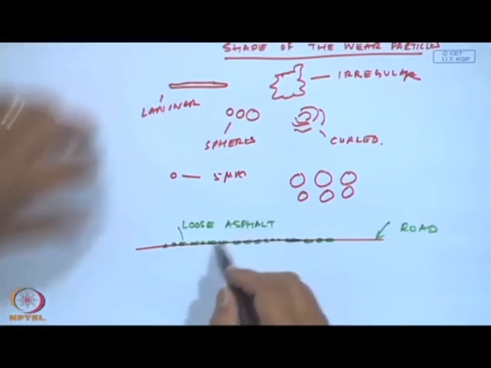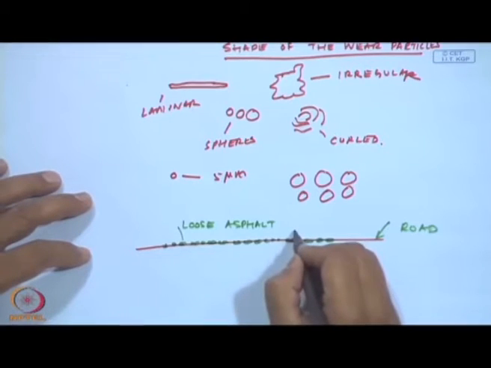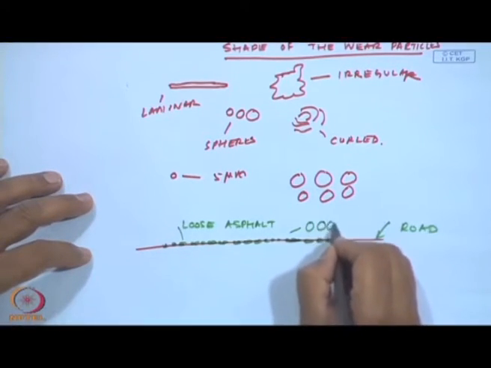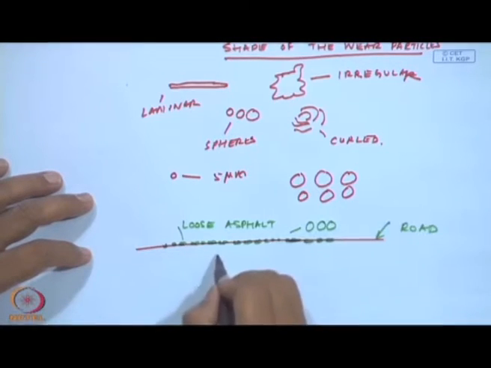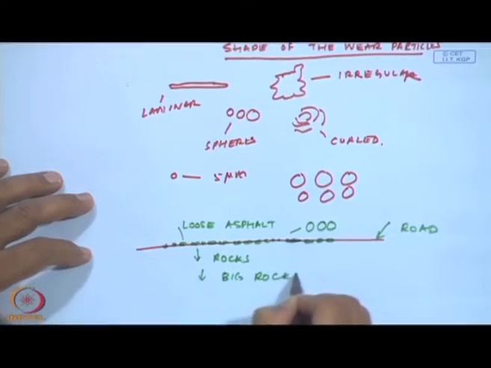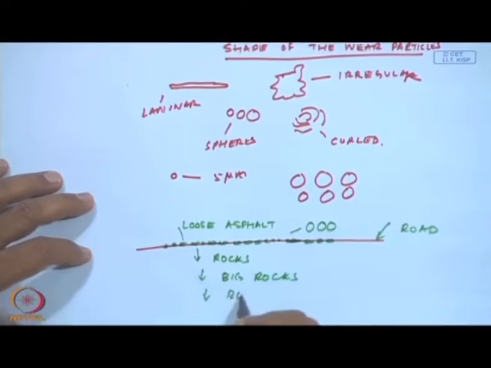And with time you will see suddenly you will get big chunks, big spears, big rocks, loose asphalt, small rocks, then you have big rocks, then you will have boulders coming out.